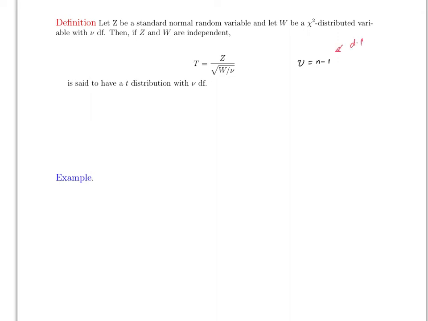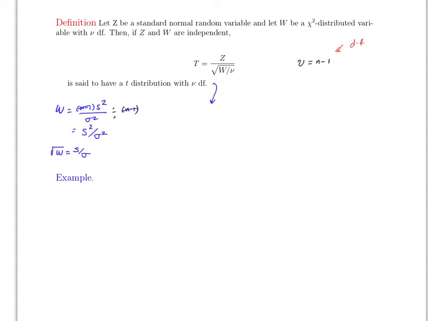Remember, this is the degrees of freedom. So remember that W is therefore equal to (n minus 1) s squared over sigma squared. If you divide by n minus 1, the n minus 1 cancels, and you have s squared over sigma squared. Then if you take the square root, this gives you s over sigma.